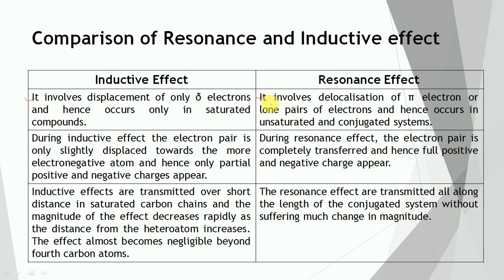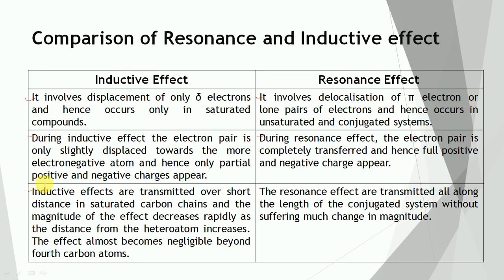Resonance effect involves delocalization of pi electrons or lone pair of electrons and hence occurs in unsaturated and conjugated systems. During inductive effect, the electron pair is only slightly displaced toward the more electronegative atom and hence only partial positive and negative charges appear. During resonance, the electron pair is completely transferred and hence full positive and negative charges appear.